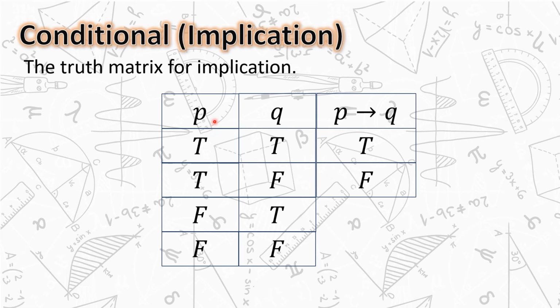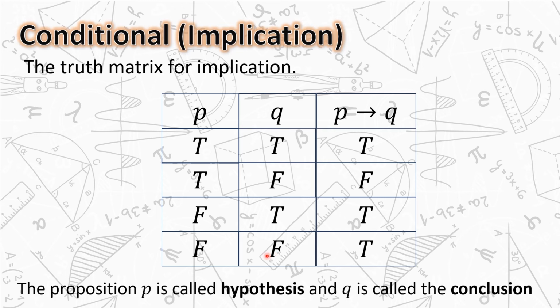If the hypothesis is false and the conclusion is true, then the implication is true. Now, if both the hypothesis and conclusion are false, the implication is true. The proposition P, again, is called the hypothesis, and Q is the conclusion.